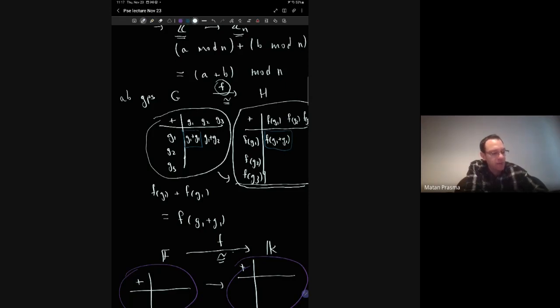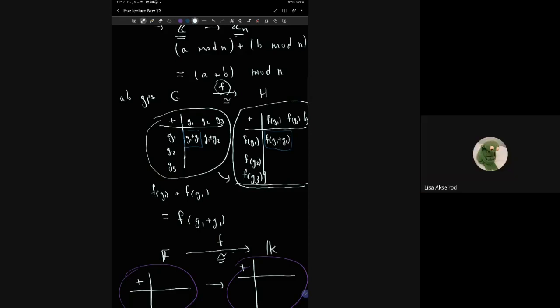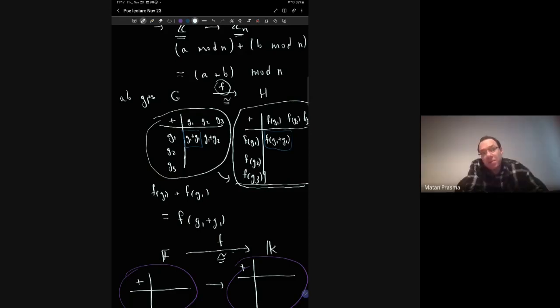I know two things. First of all, I know that F is a bijective map. That means that when I apply F on the elements of G, I get all the elements in H, right? Not only that I get all the elements in H, I get it with no repetition.